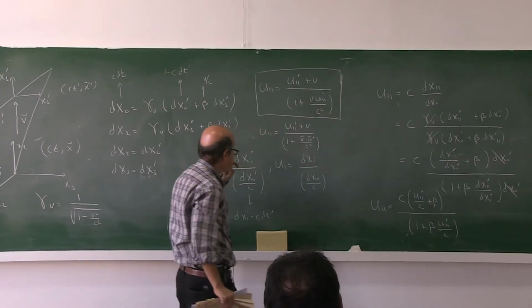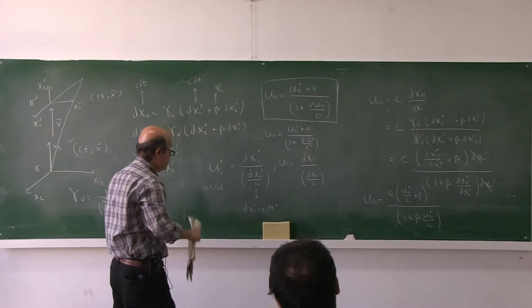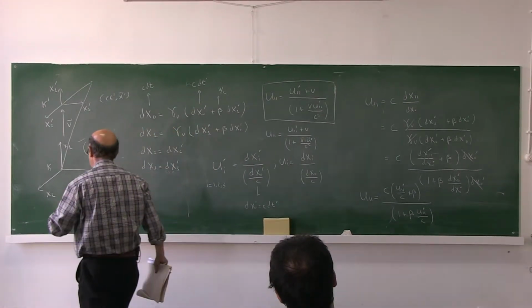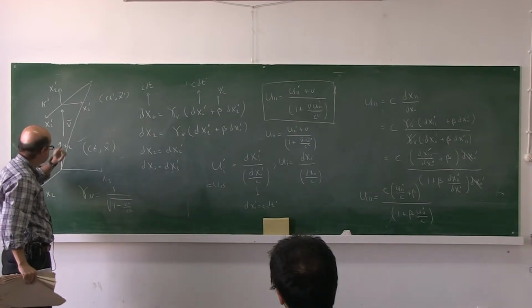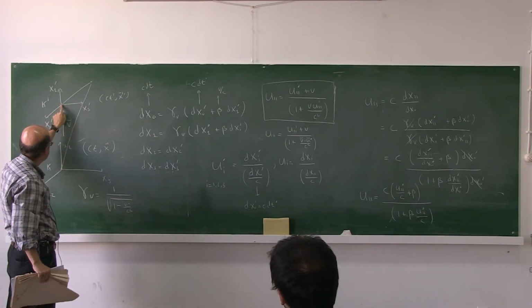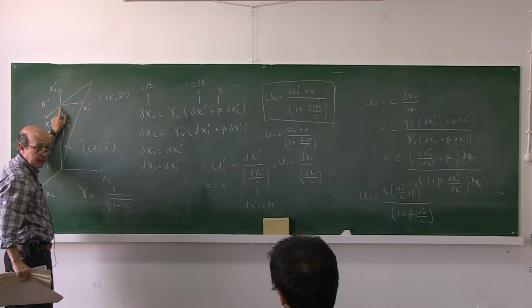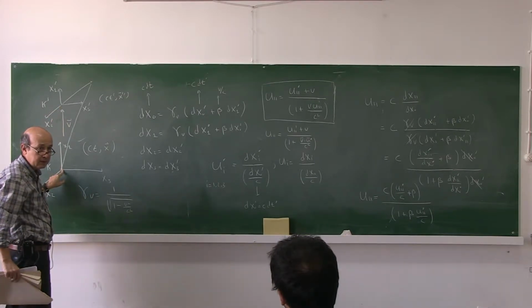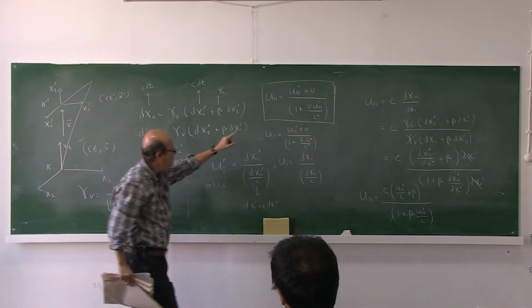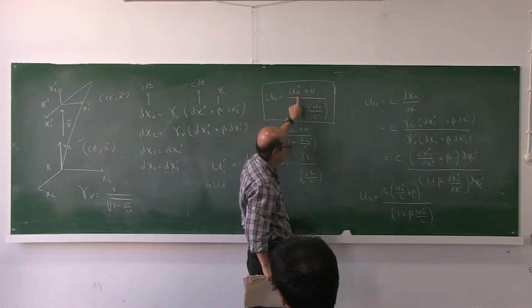So basically, suppose that in one dimension, you observe the speed of light at K prime as c.